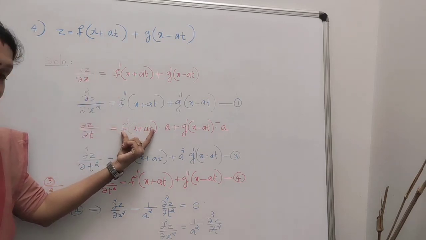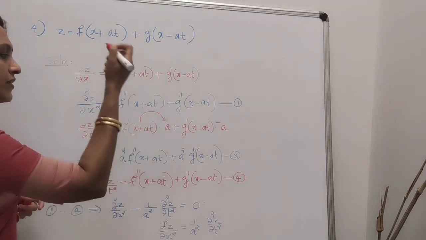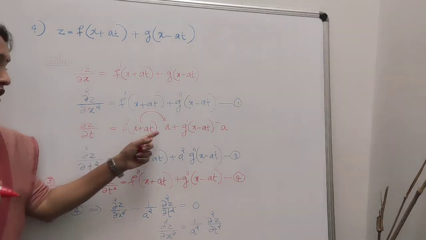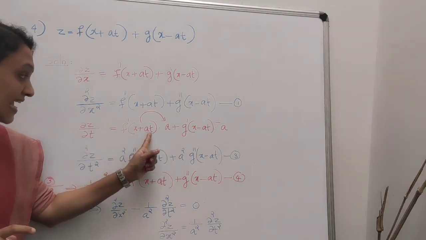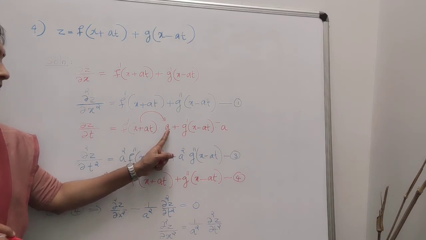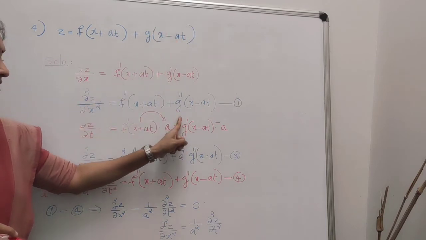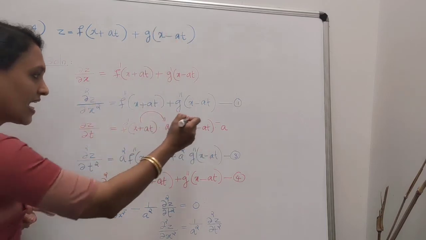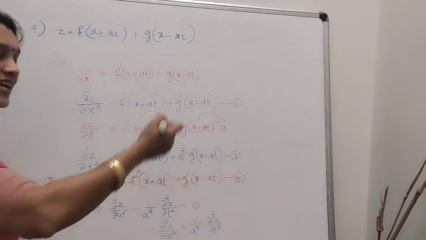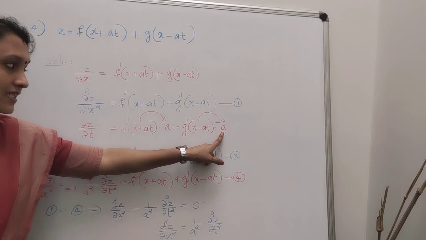It is f dash of something, then something whose derivative with respect to t here is not 1, isn't it? x plus at, whose derivative with respect to t is a, plus g of x minus at with respect to t. It is g dash of x minus at, then x minus at whose derivative with respect to t is minus a. Is it clear?